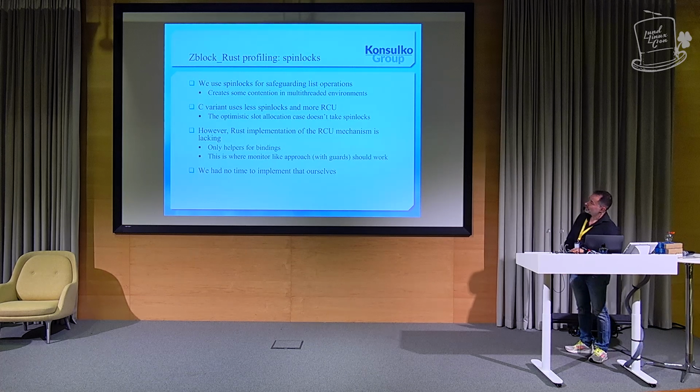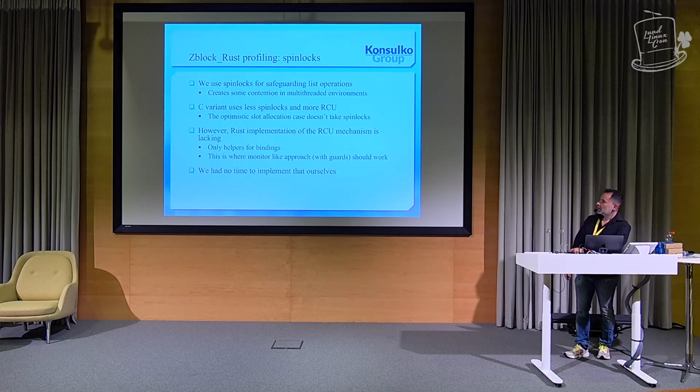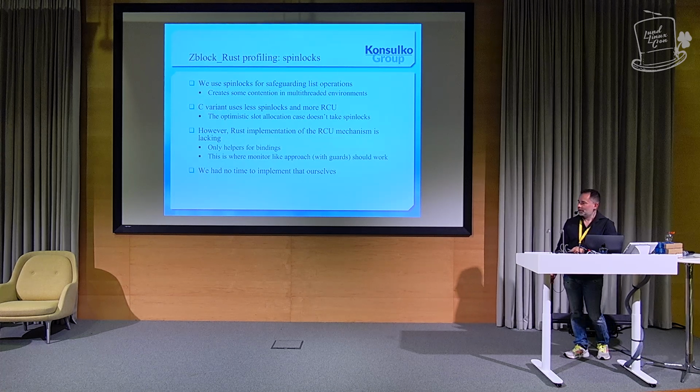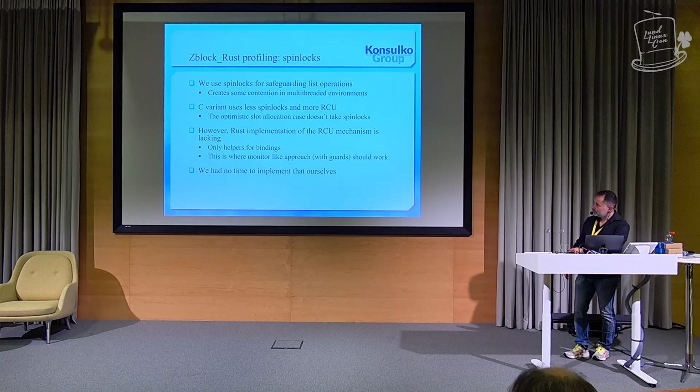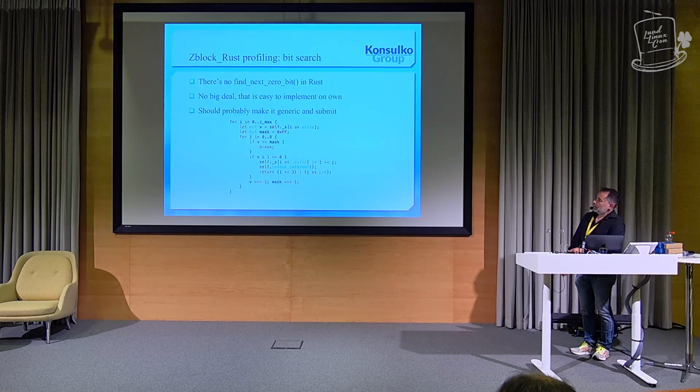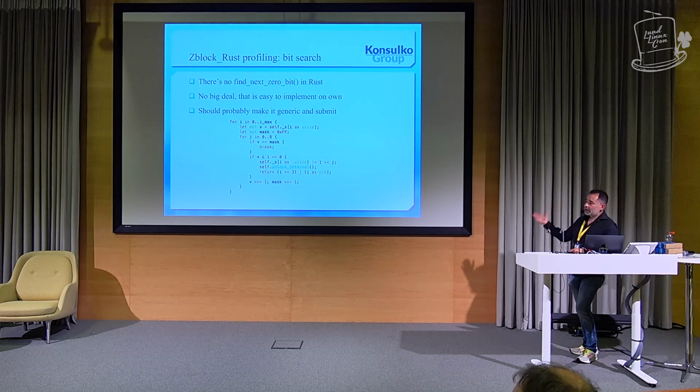Finally, spin locks and RCU. Let's make the long story short. RCU is not really implemented in the Rust part of the kernel, and that is kind of unfortunate, because if it were, we would have used it. So we had spin locks.